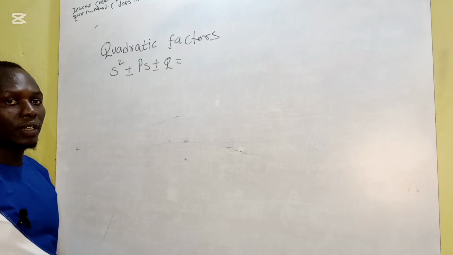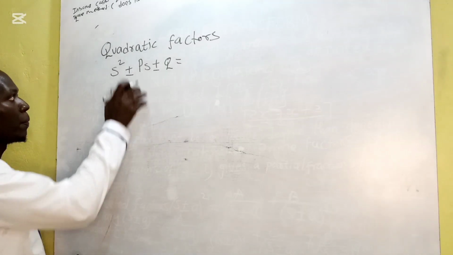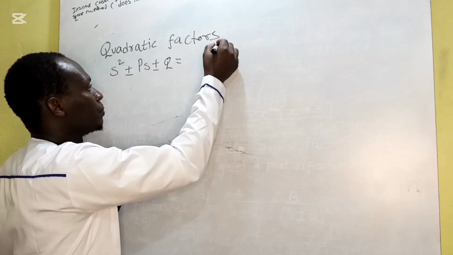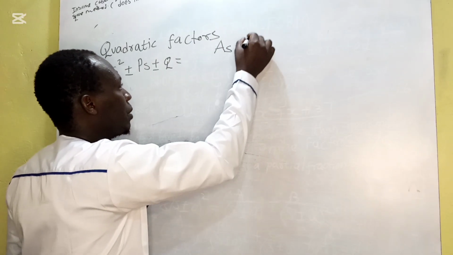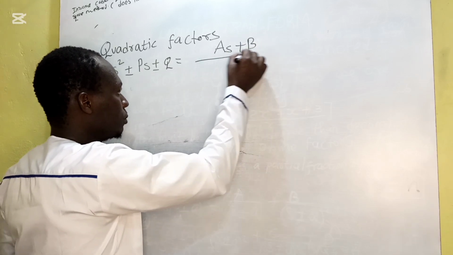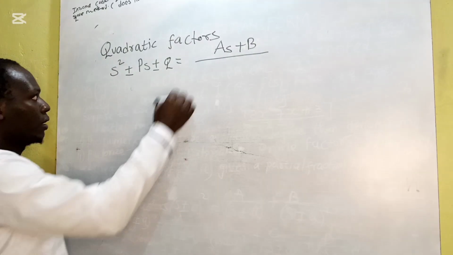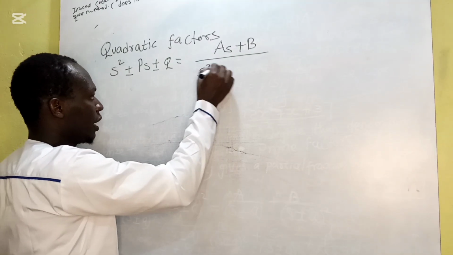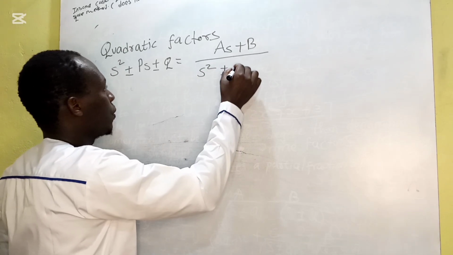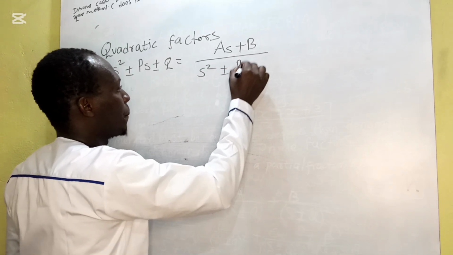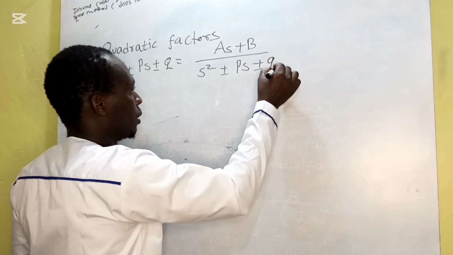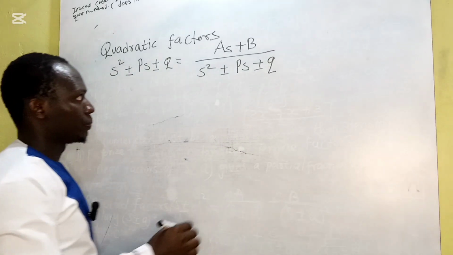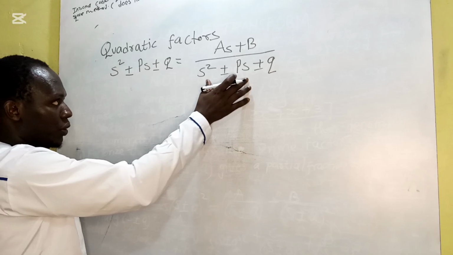This is what you've been given on the denominator. Here we are going to have as we add b all over s squared, we add or subtract ps, we add or subtract q. This is what we are going to have.